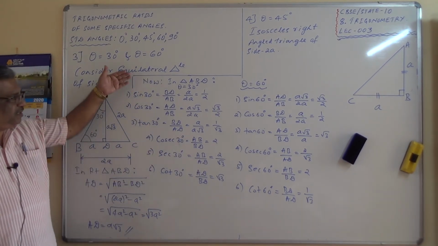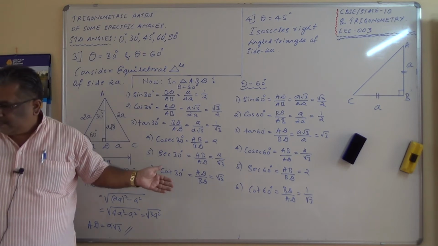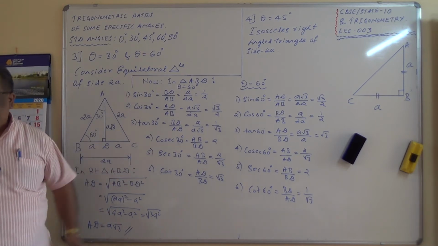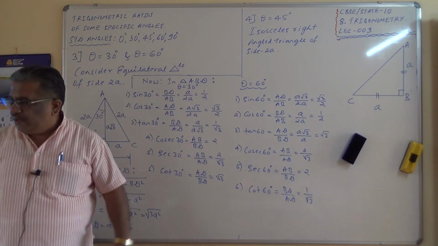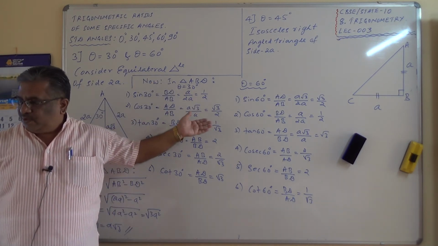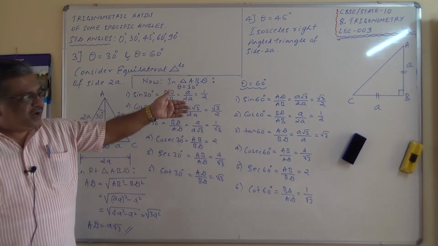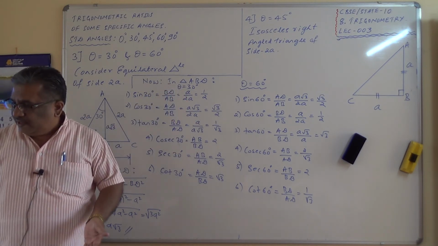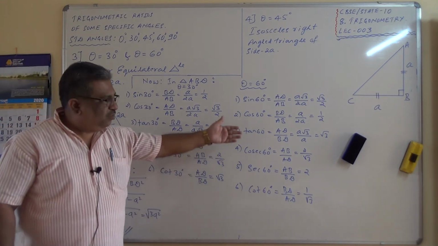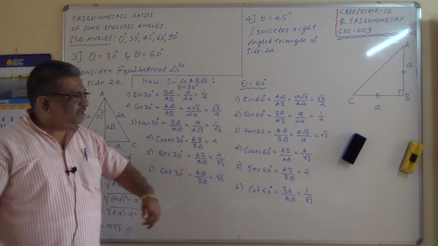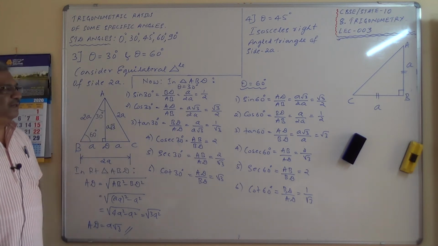This is sine, cos, tan, cosec, sec, cot, in the same order as in your textbook. Next is 60 degrees: root 3 by 2, half, root 3, 2 by root 3, 2, 1 by root 3. So make a note of this one first.